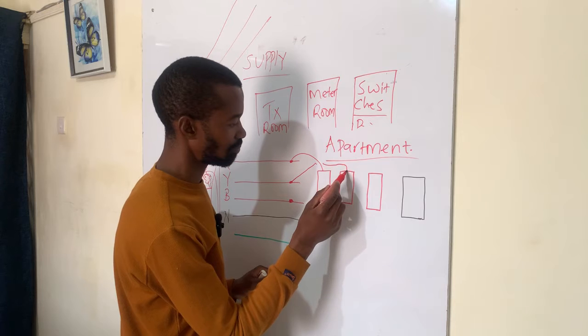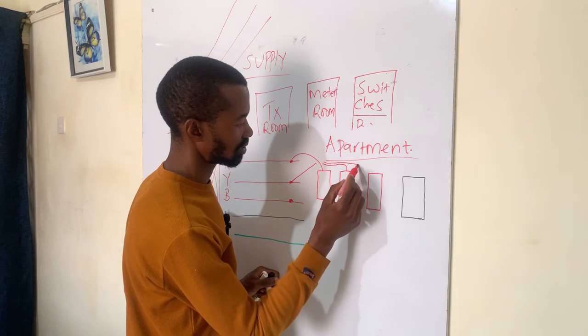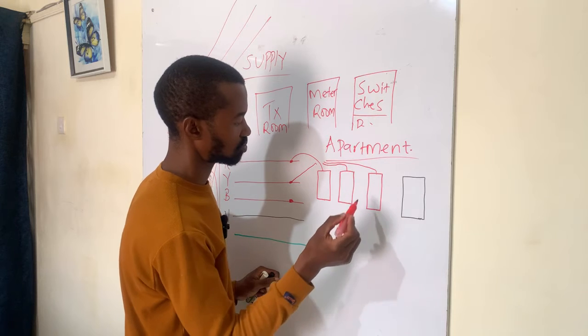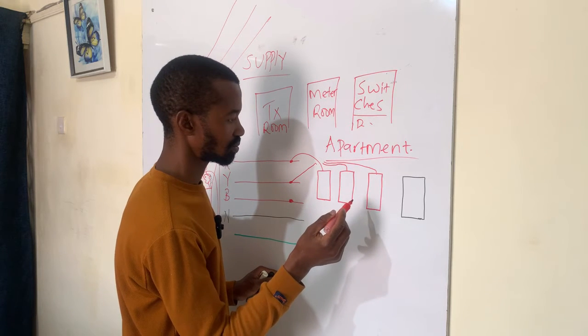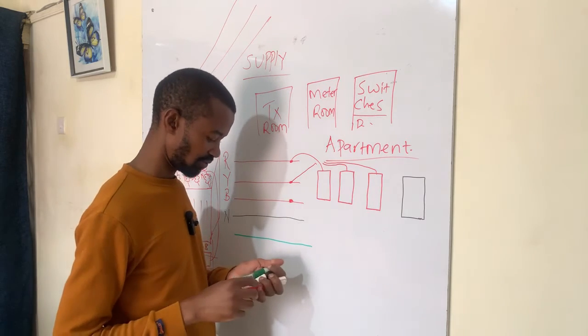We'll have the blue phase, and then we'll have the yellow phase dropping to that other one, and then we will definitely have the neutral.